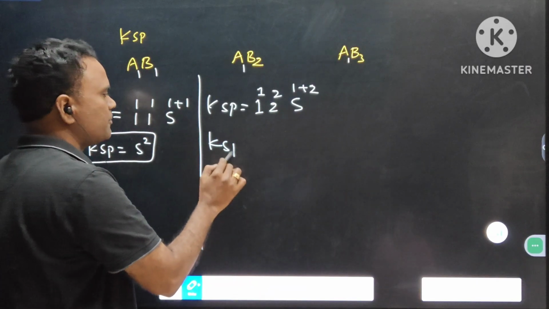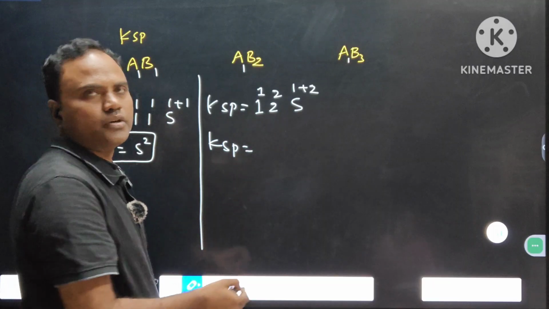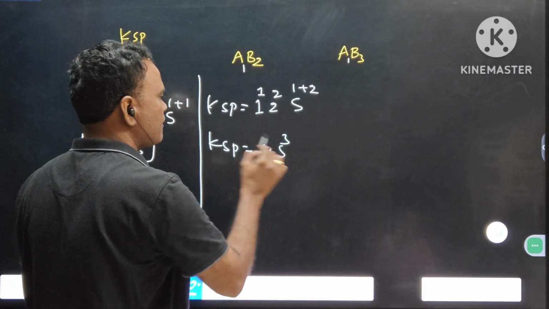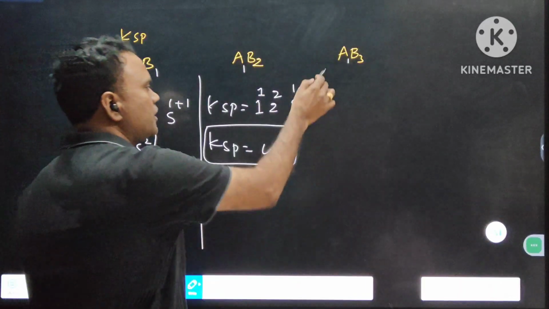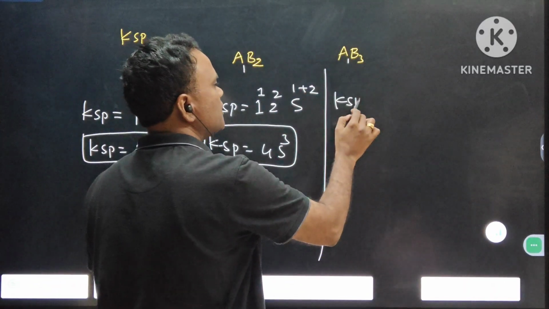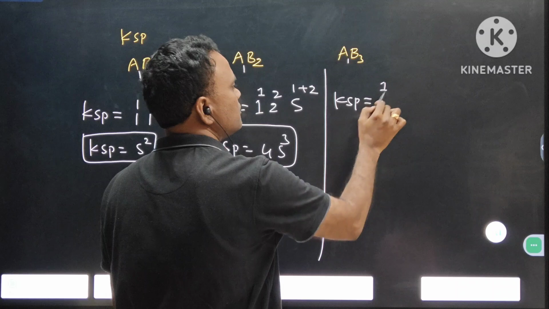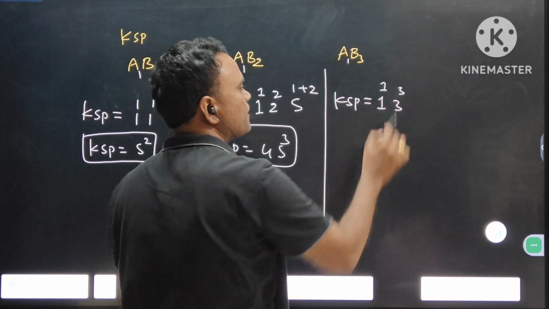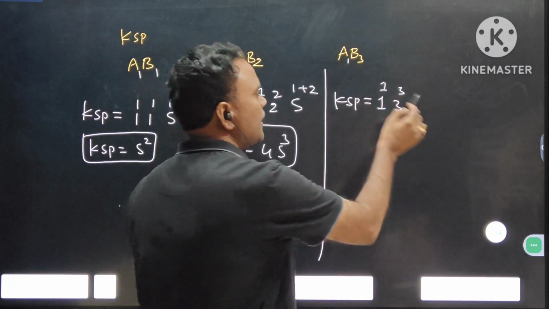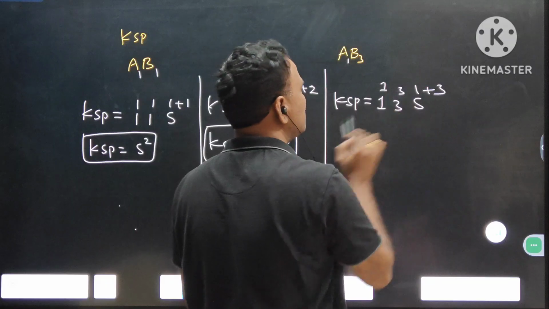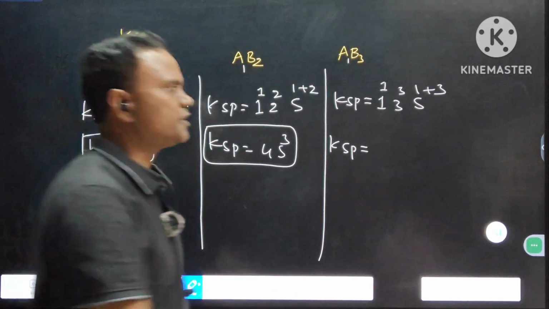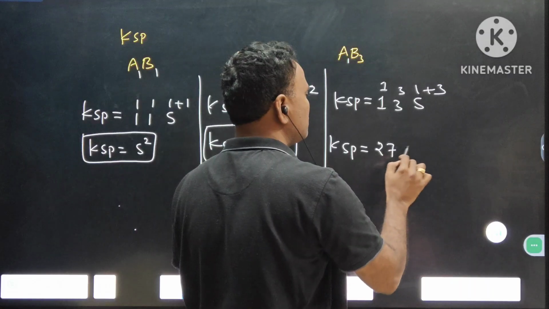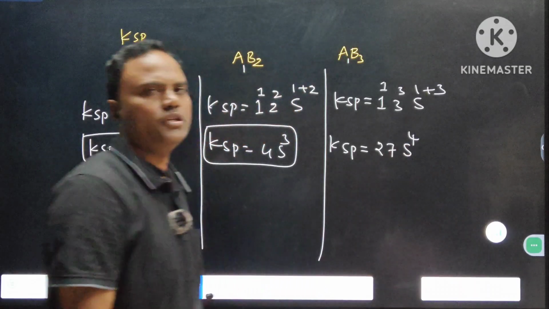So Ksp for AB2 type salts is 4S cube, important for numericals. Next, for AB3 type, Ksp is 1 power 1, 3 power 3, and add the powers, S power 1 plus 3. The value is 27 S power 4.